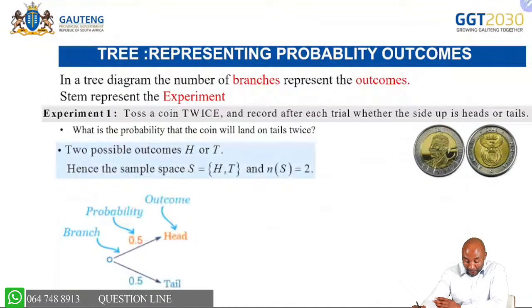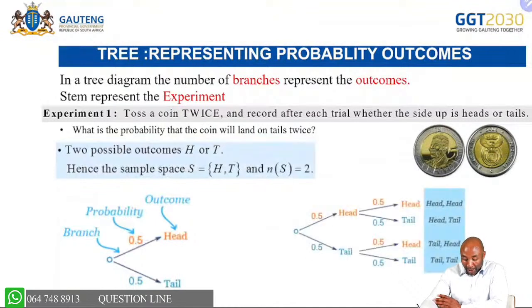Now, if we are to toss a coin twice, our outcomes will be represented as given there. It will be a head. If the first outcome is a head, the second outcome can still be a head or tails. Please note that you work with one branch at a time.